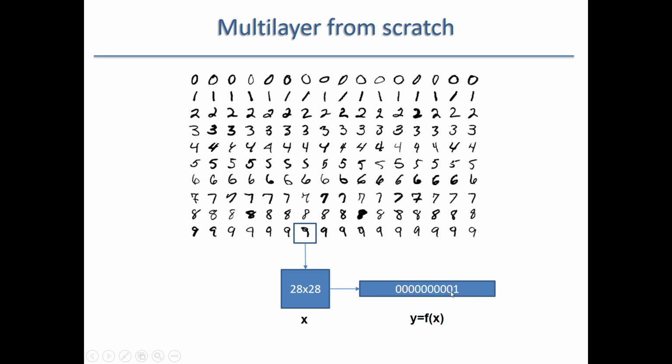This one represents 8, 7, 6, and so on down to 0. So if you have a 0, then it would be 1, 0, 0, 0, 0. If you have 1, you would have 0, 1, 0, 0, 0, and so on. So we want the network, given one of these images, to produce one of these one-hot encodings.